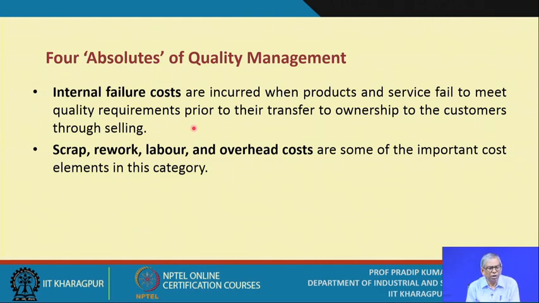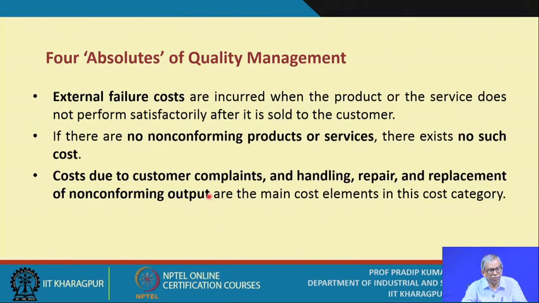So obviously you must be aware of such cost elements referred to as the internal failure cost. That means within the manufacturing system such failures may occur. Examples are basically the scrap, rework, labor and overhead cost, and these are referred to as the important cost elements in this category, internal failure cost.